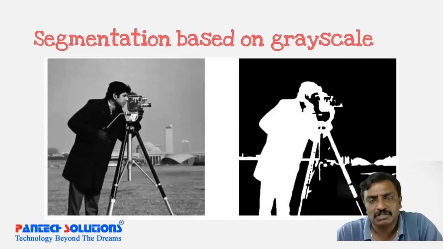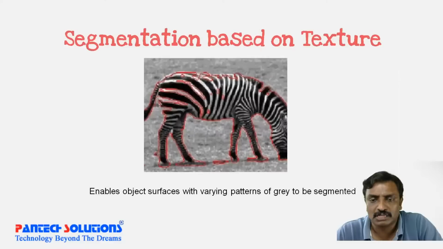Segmentation can be done on grayscale images. It may be based on thresholding or multi-thresholding. You can also do segmentation based on texture. Texture is something like repetitive patterns.